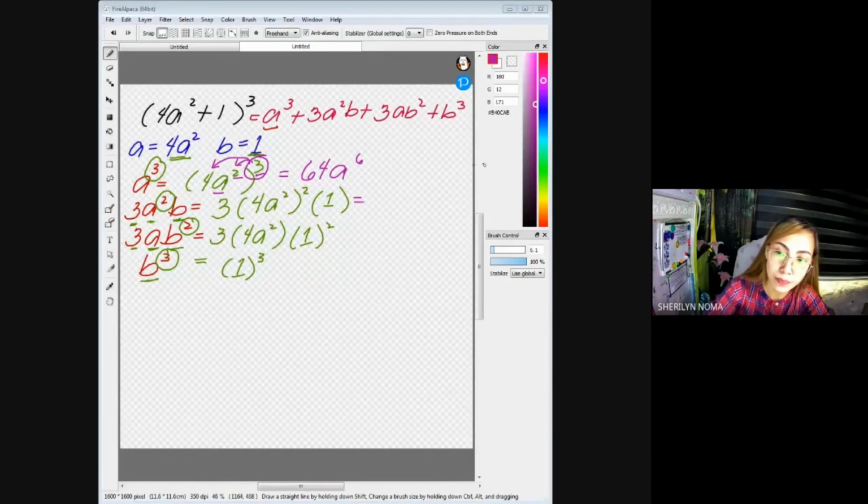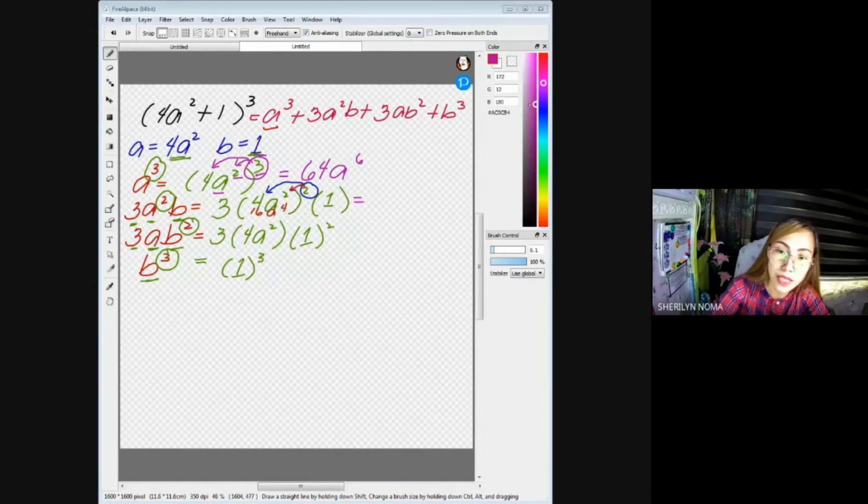Let's do this first. This is wrong. So, the squared first. 4 squared. What is 4 squared? 4 squared is 4 times 4. That is 16. Okay, so we have 16 here. So, 16. And then, the a squared squared. We just multiply that. So, you will have a raised to 4.